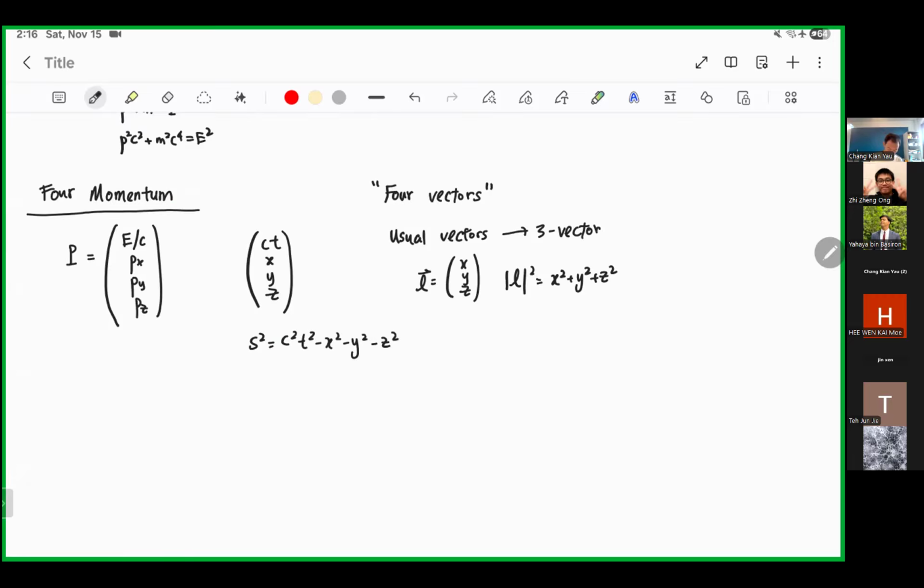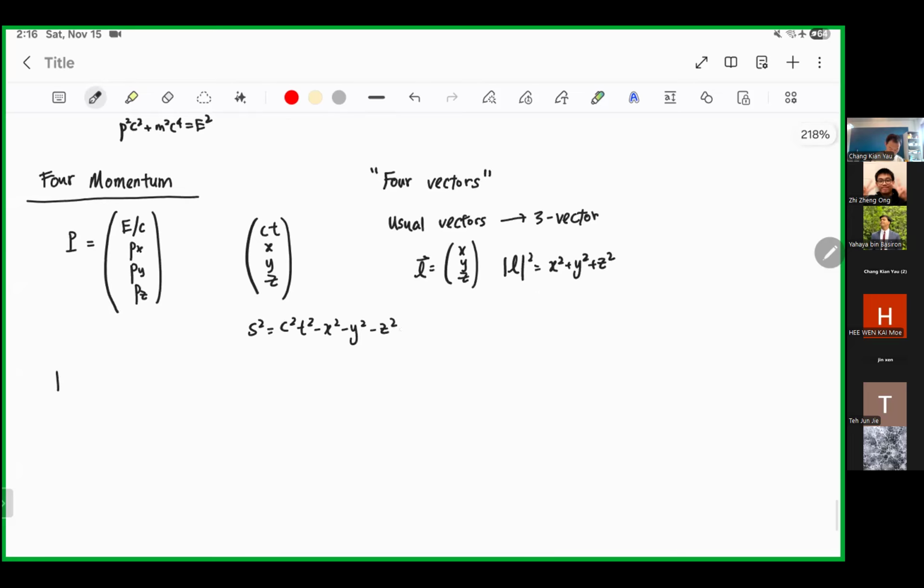Similarly for the four momentum, we define a norm squared, which is E squared divided by C squared minus Px squared, Py squared, Pz squared, which is E squared over C squared minus P squared. Please don't confuse the three momentum and four momentum. There are two P's here.